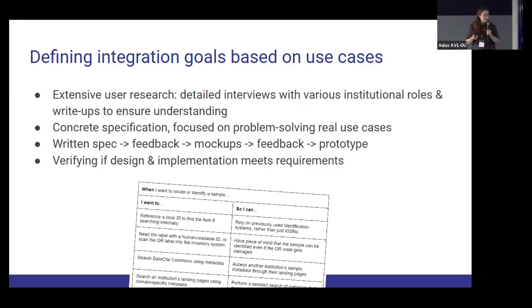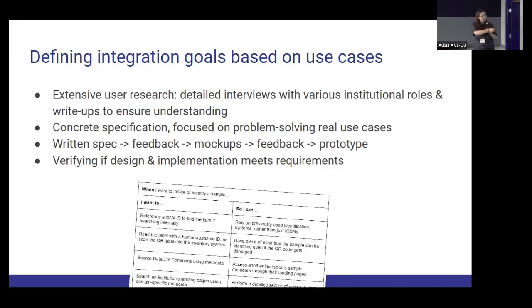So we made use of user stories. Just the usual: when I am in a specific situation, I want to perform a specific task so I can have some kind of result. For example, when I want to locate or identify a sample, I want to read the label with a human readable ID or scan the QR label into the inventory system.